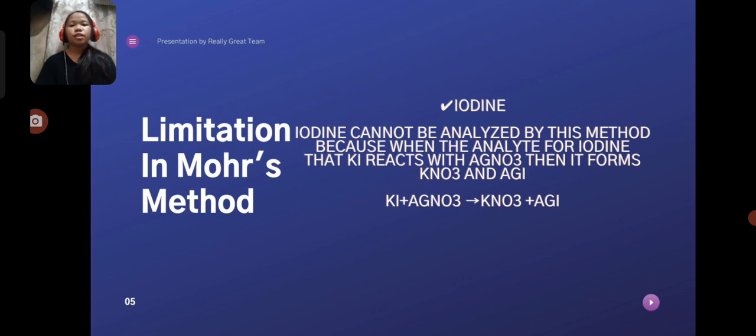So the silver iodide absorbs the chromate ions that disturbs the indicator, and that will result to faulty endpoints, which is atong gina-avoid since there is a problem in analyzing the endpoint, and very crucial siya in a way nga dapat ma-attain nato ang expected nga endpoint sa usa ka method sa precipitation titration.